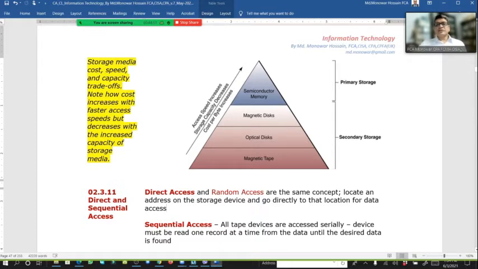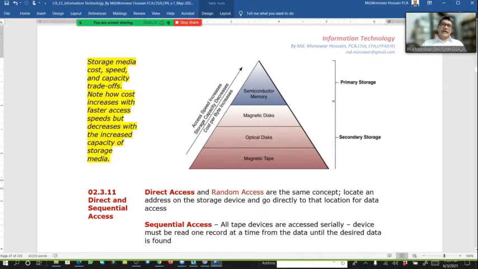Magnetic tape, optical discs, and magnetic discs are all used for secondary storage, and semiconductor memory is used for primary storage within the CPU, the central processing unit. Access speed and storage capacity increase, and so does the cost per byte.